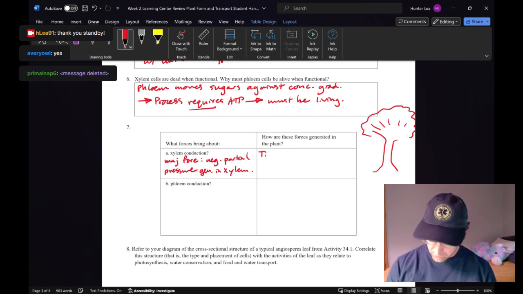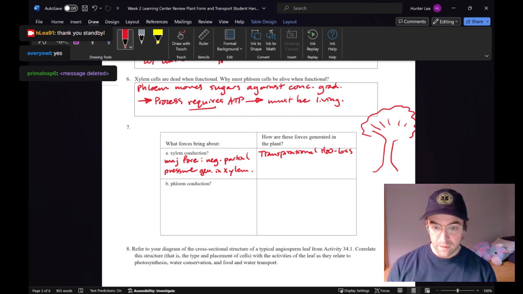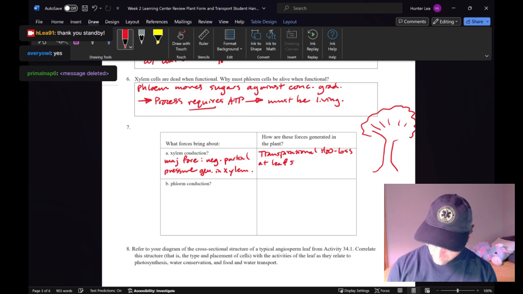So transpirational water loss at leaf surface.